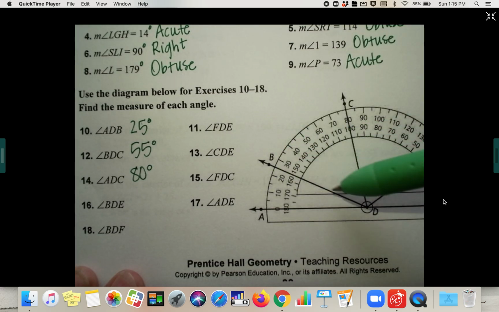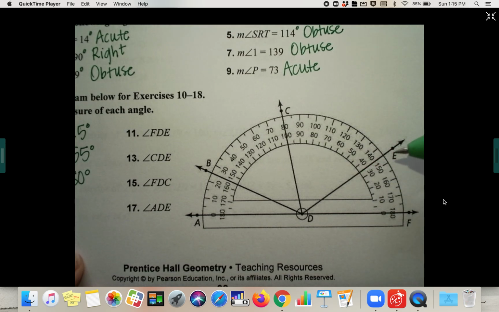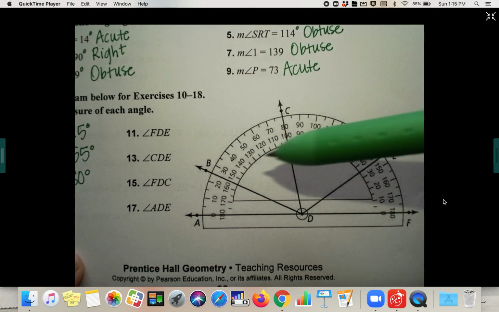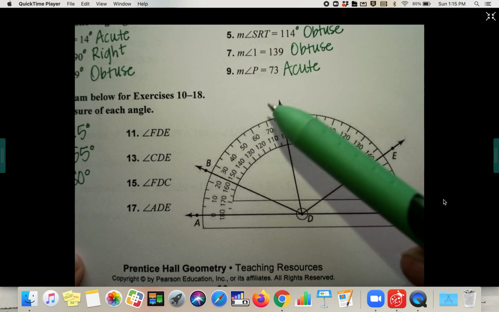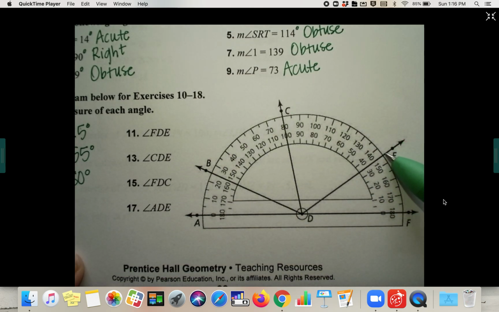BDE, B to D to E. So this one is bigger than 90, you can tell. So we're still going to use the top numbers. Actually, it wouldn't matter on this one if you use the top numbers or the bottom numbers. You're still subtracting to find the difference. So I'm going to use the top ones. So 25 goes all the way over here to 145. So just be sure if you're using the top numbers, you use the top numbers on both. So just be consistent.